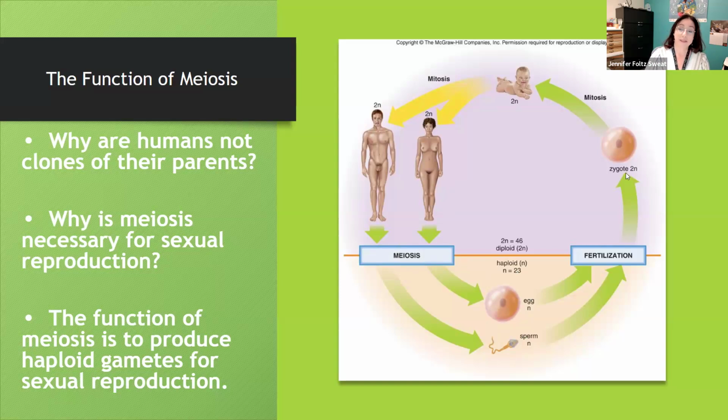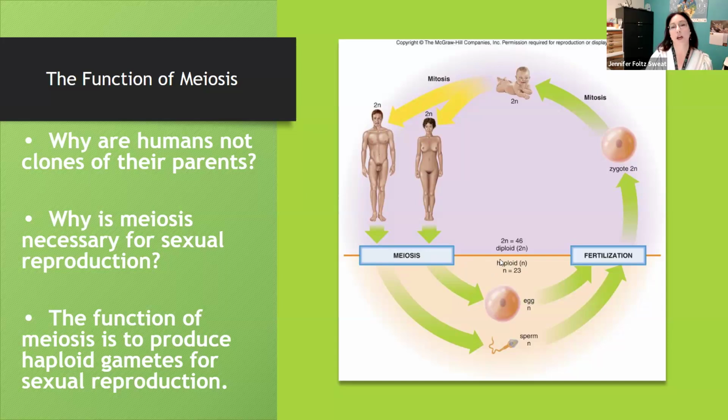Then you get the zygote to the embryo to the baby, but your zygote undergoes mitosis, cellular reproduction, making exact identical cells. So that's how we grow. Remember, we talked about growth and development is mitosis. So the rest of your life cycle is mitosis, mitosis. The only part you get meiosis is the production of egg and sperm.